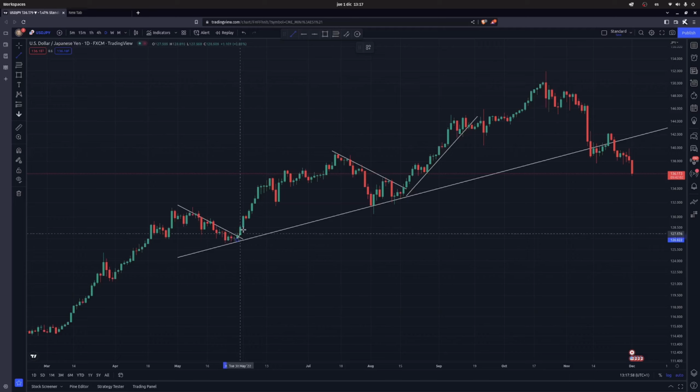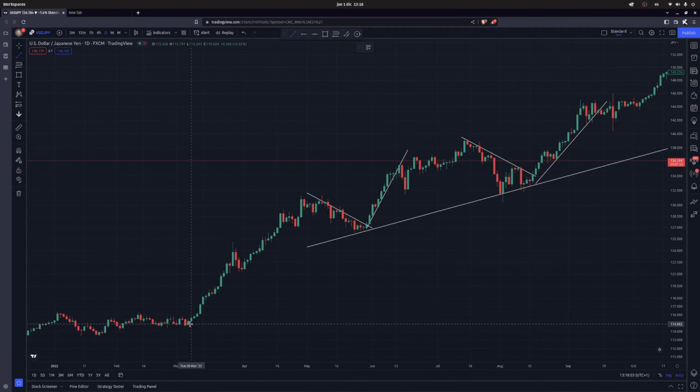Another one here. This one here. Right? So it's important that it's not perfectly drawn, because we have here some breakouts, but in general, this is an uptrend, and we have here multiple areas where the price got rejected.